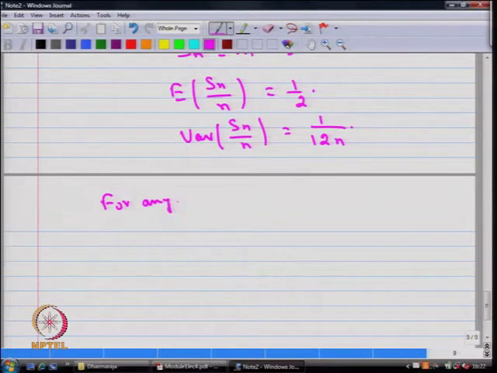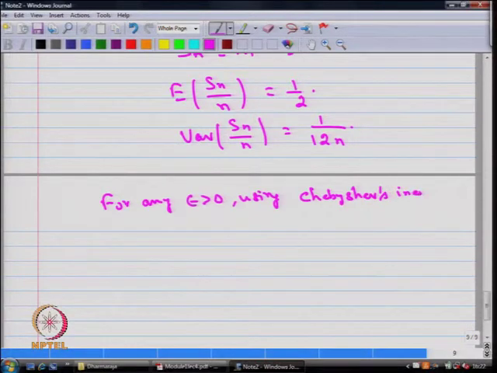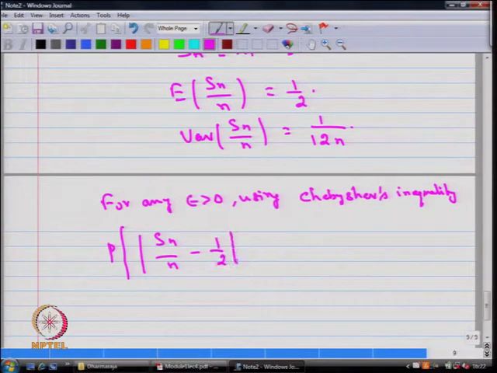For any epsilon greater than 0, using Chebyshev inequality, one can conclude the probability of absolute of Sn by n minus 1 by 2 greater than or equal to epsilon is less than or equal to 1 divided by 12 times n epsilon square.